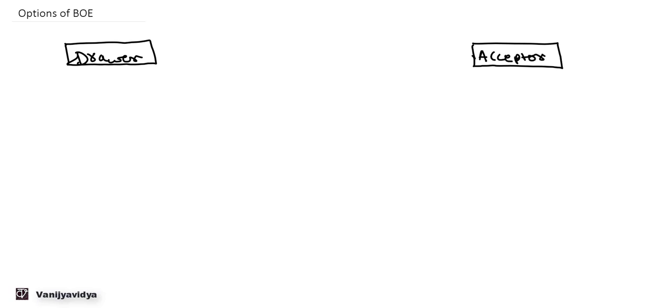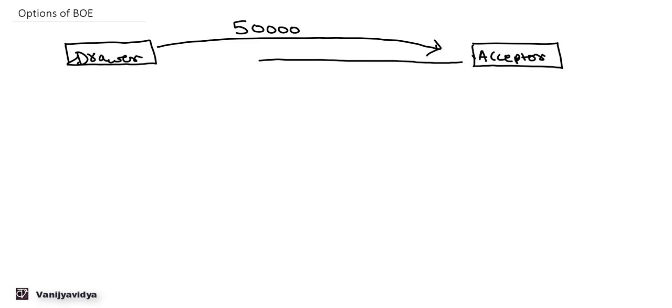This drawer has drawn a bill on the acceptor for 50,000. The acceptor has accepted the bill and returned it back to the drawer. Now the bill of exchange is with the drawer.